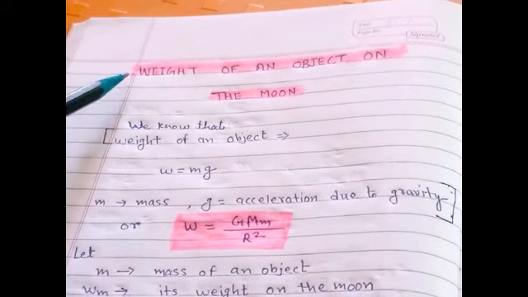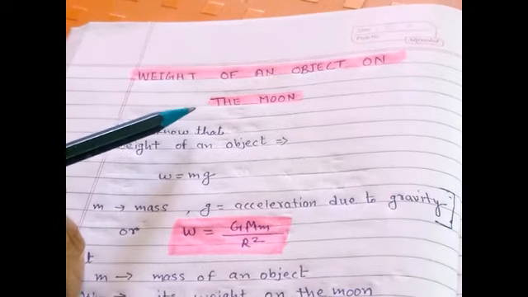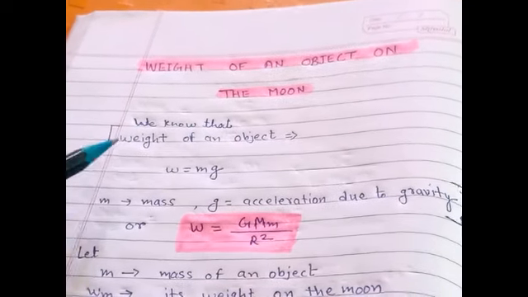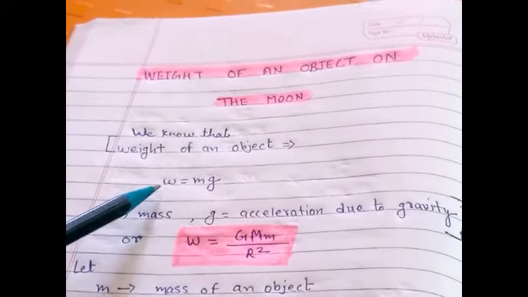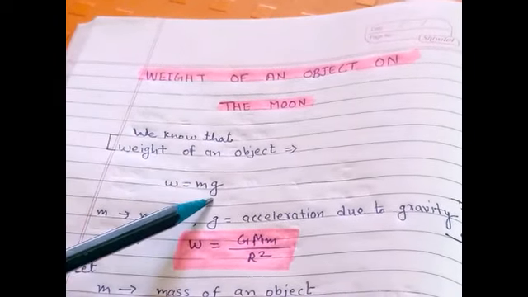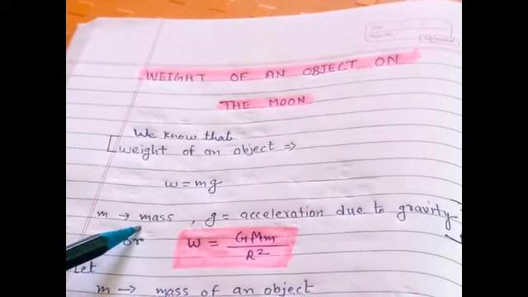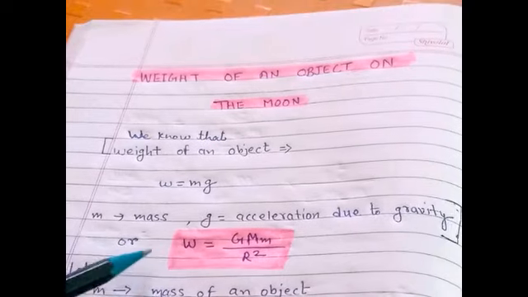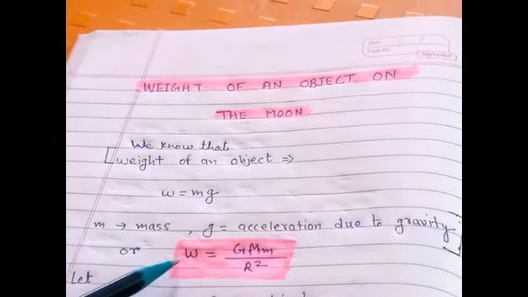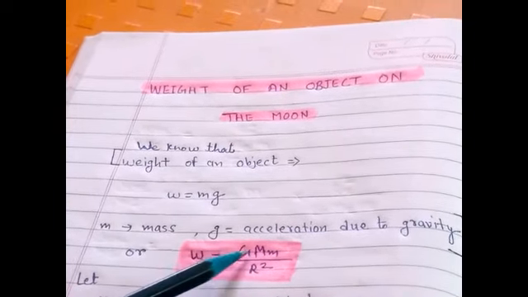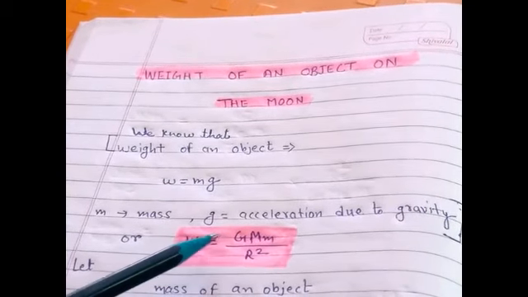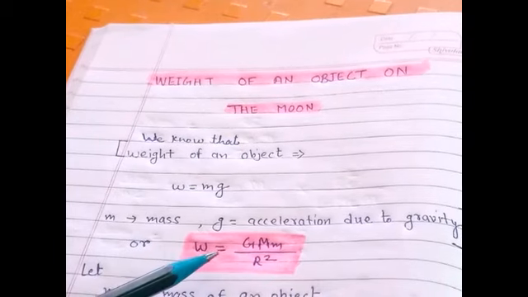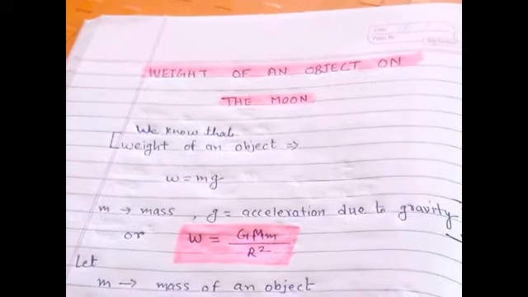Now we will try to find out the weight of an object on the moon. As you know, we can represent weight by W is equal to mg, where m is the mass and g is acceleration due to gravity. Or we can write this formula as W is equal to G M m upon r square, where G is the universal constant.